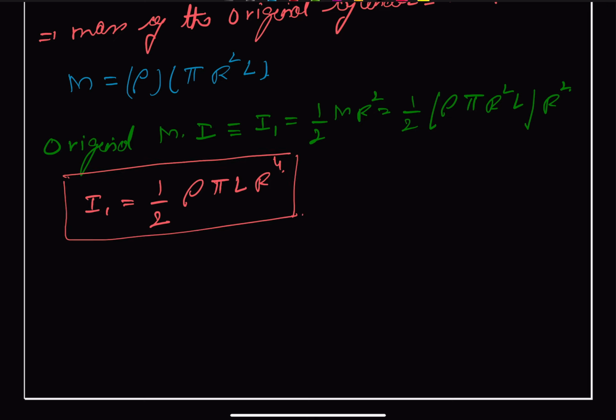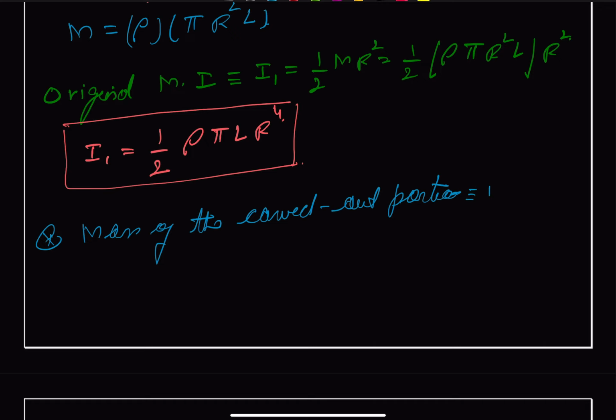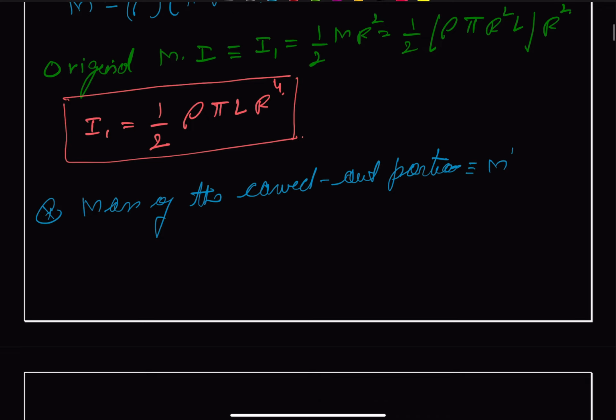Okay. Now we are going to find the mass of the carved out portion, and let us suppose that mass is given as m prime. So m prime is the same density multiplied by volume prime.